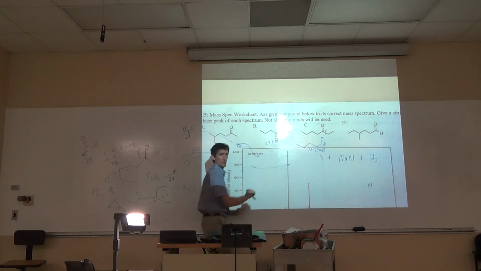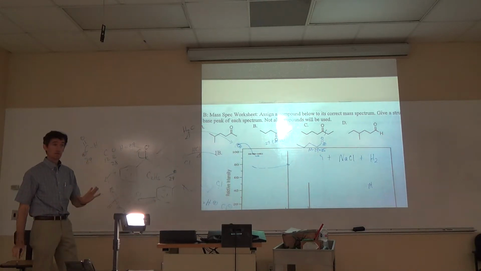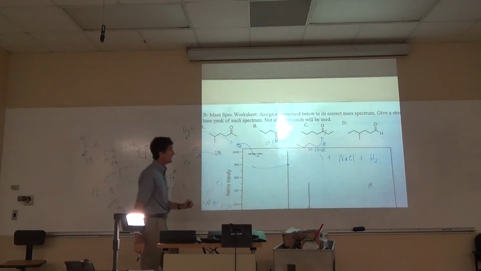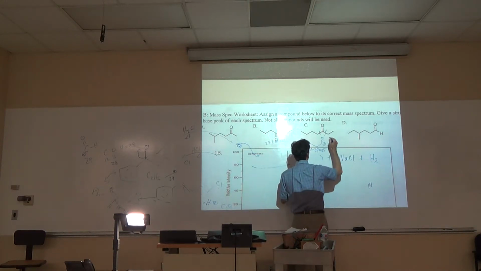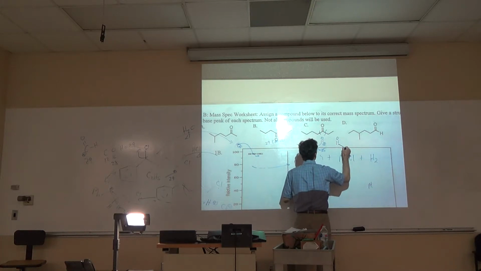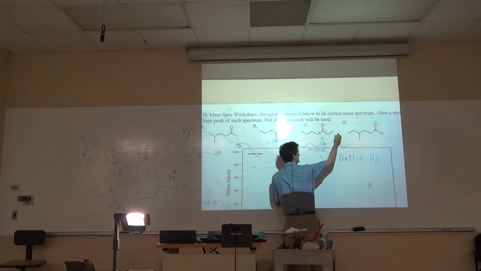And what's the molecular weight of each of these? 114. So 114 minus 29 should be 85. But I can also cleave over here to give two different acylium ions. They're both resonance stabilized.